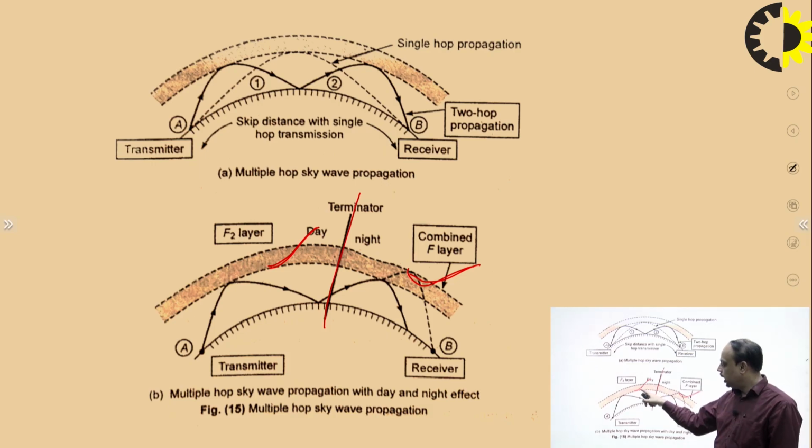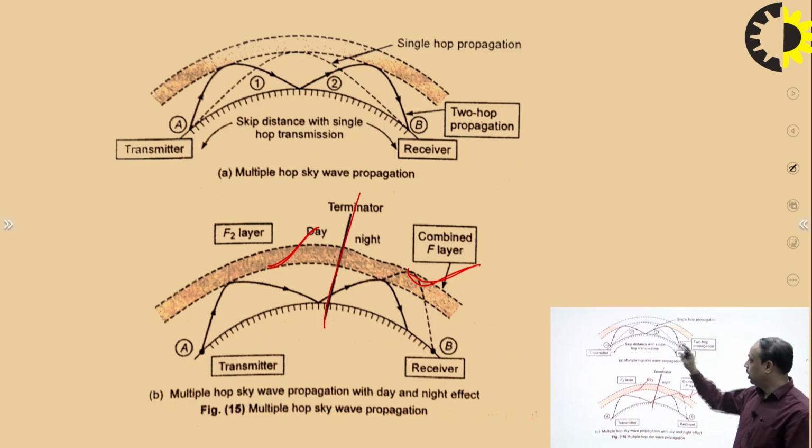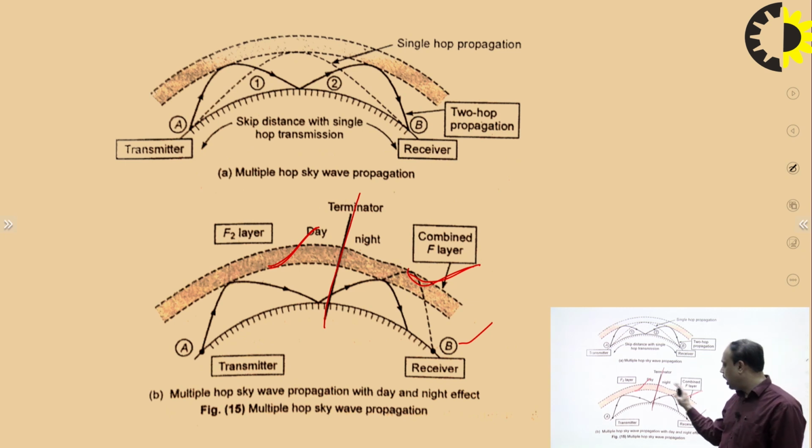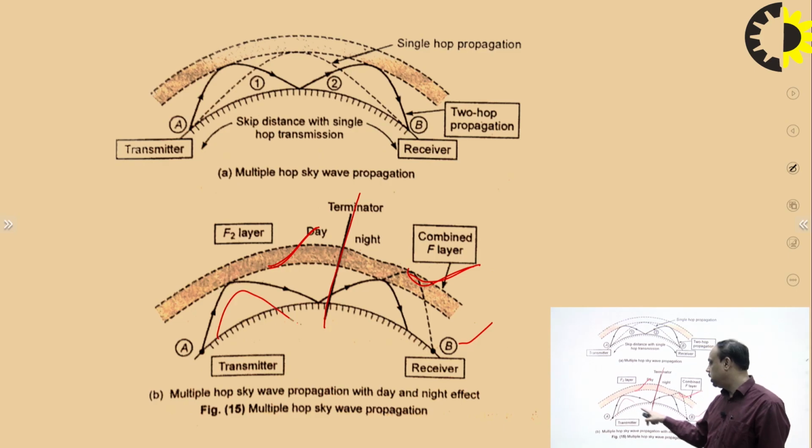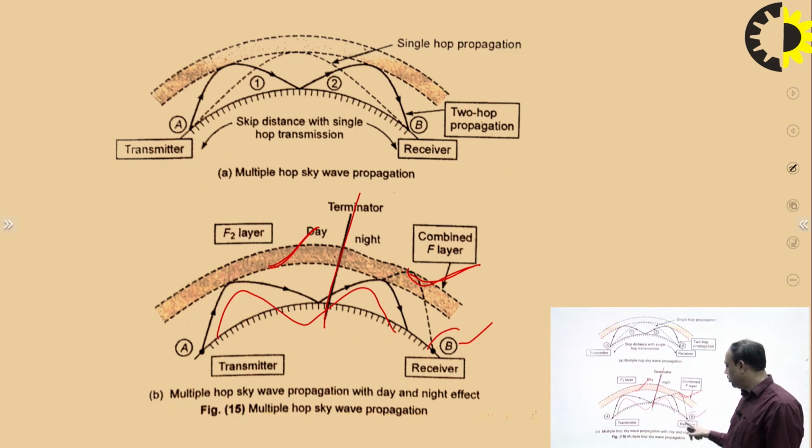So the ionospheric layer gets merged or distorted. So even if we are using multi-hop propagation, we are not able to reach point B, because in the half part the ionosphere layer is shifted due to the night time. There is very less concentration of electrons. So even with the help of multiple hops, we are not able to reach the receiver B over here.